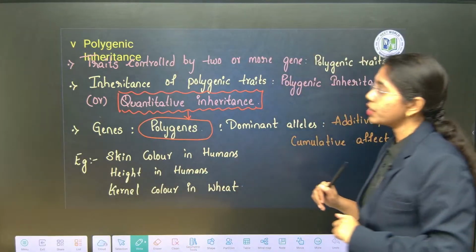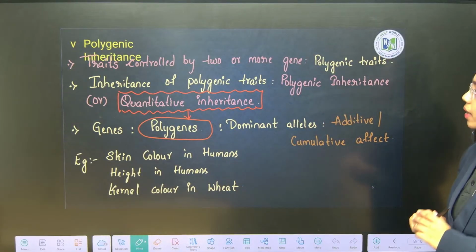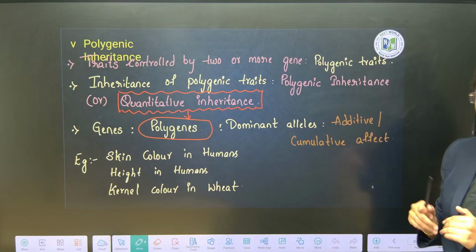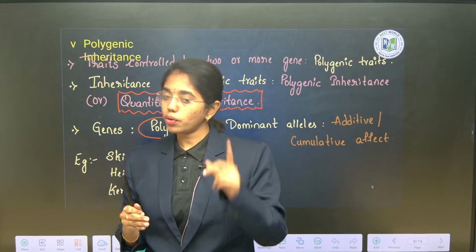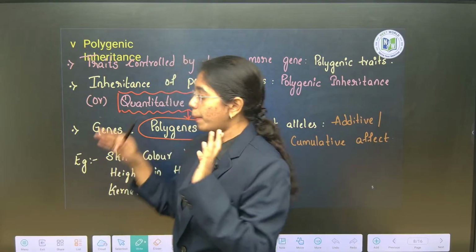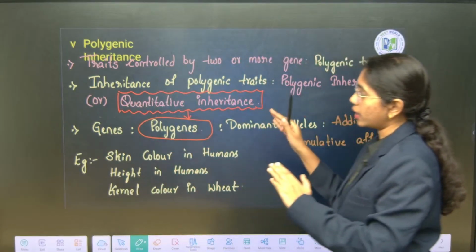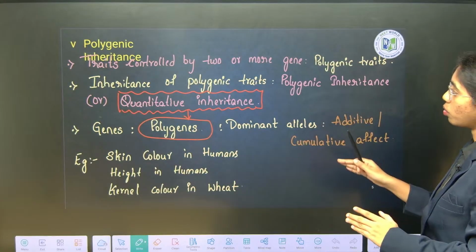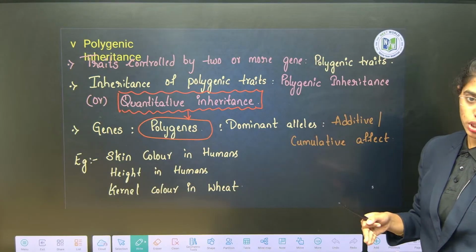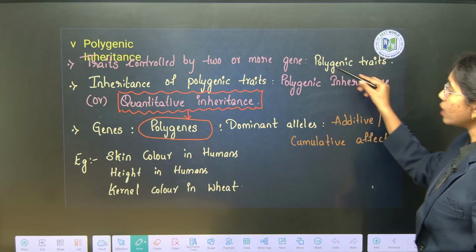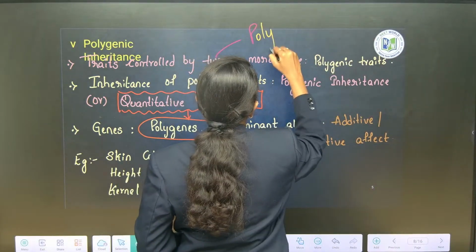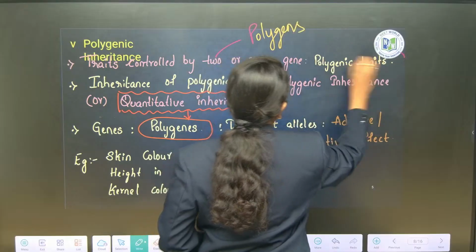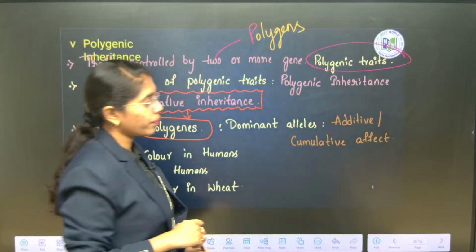Now you see polygenic inheritance. Usually, according to Mendel, every trait or character is controlled by one gene, right? But according to polygenic inheritance, traits or characters are controlled by two or more genes, and the genes are addressed as polygenes, and the traits are polygenic traits.